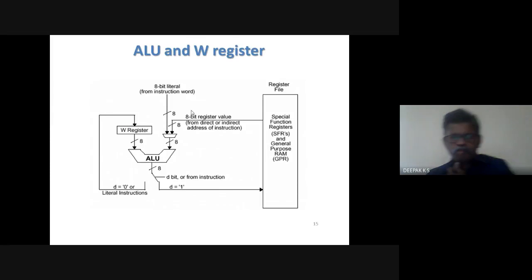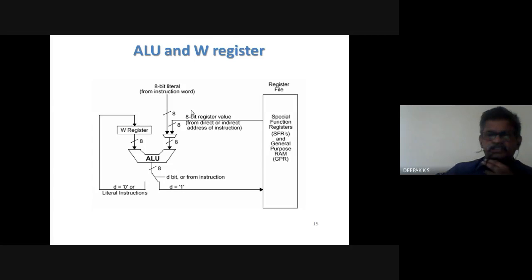And now we need to slowly get into this chip. So you have an arithmetic and logic unit, and this is where you do the processing, the arithmetic as well as logical operations. So you need data.